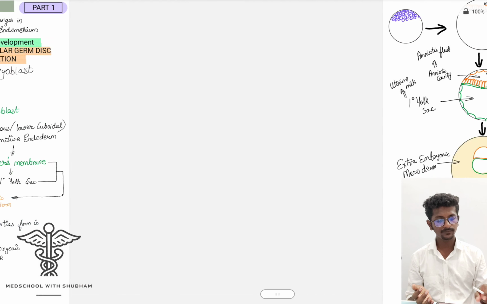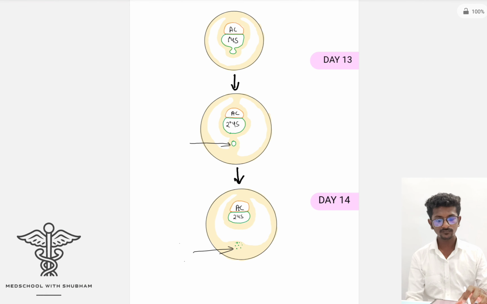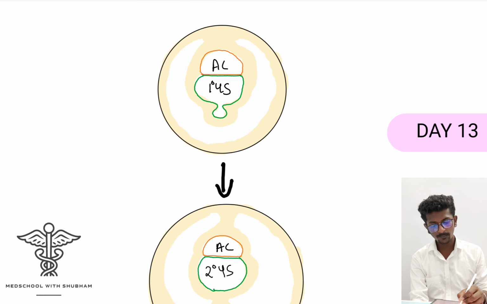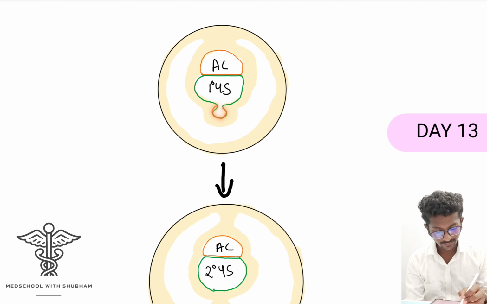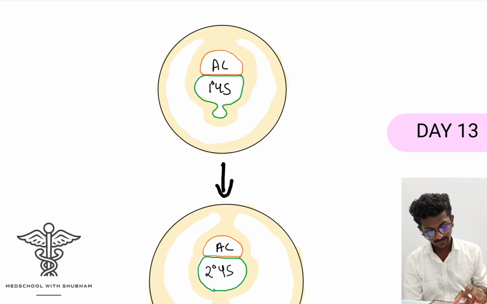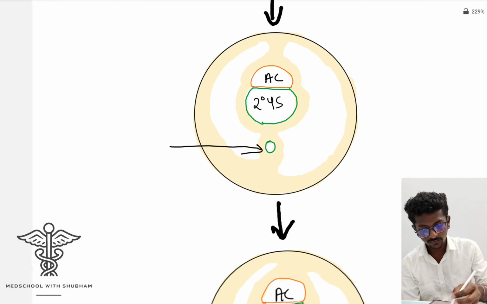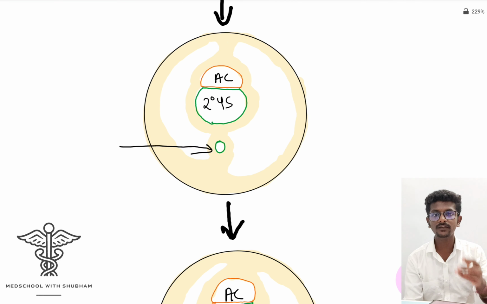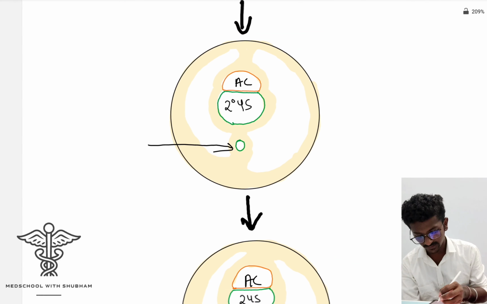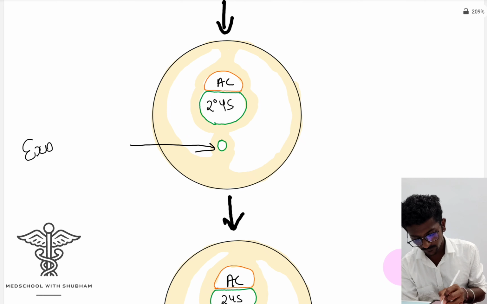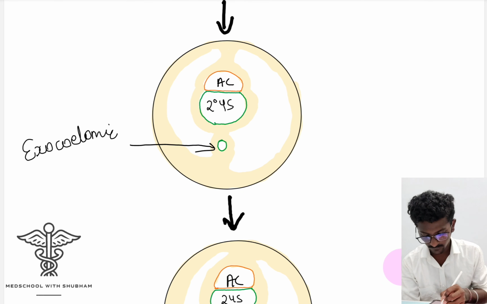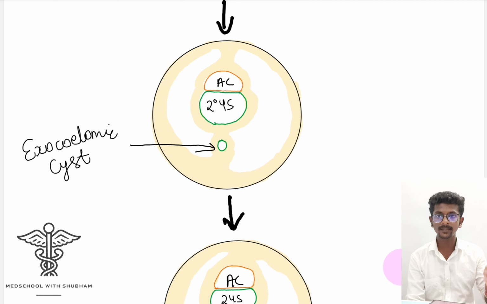Let's move forward. Now what will happen? A small part from this primary yolk sac will get pinched off, or will start getting separated, and this will finally get separated. And now this part which got separated from the primary yolk sac is called the exocoelomic cyst.